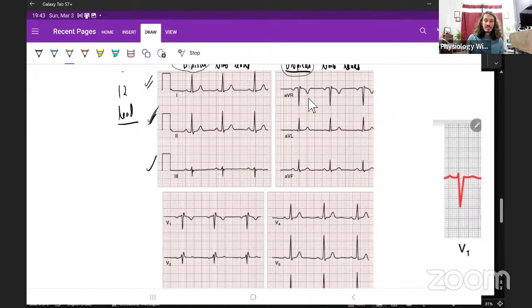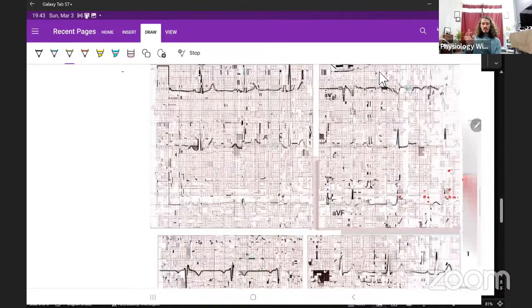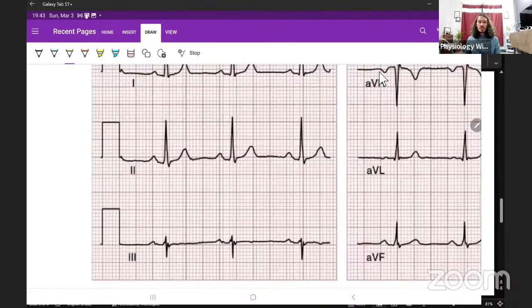So now that we've created these different leads, we have to look at this ECG and try to read the ECG. Just remember what I had told you earlier.